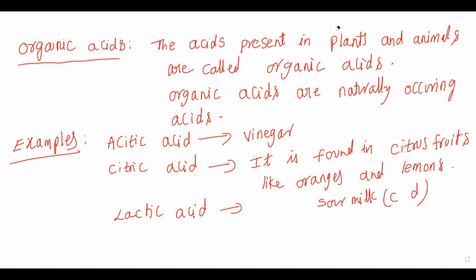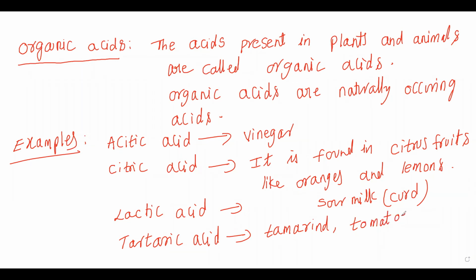Next acid, tartaric acid. Tartaric acid is present in tamarind and unripe grapes.